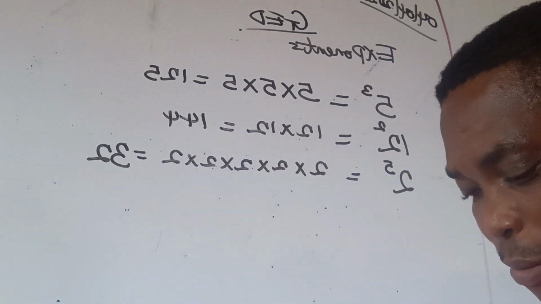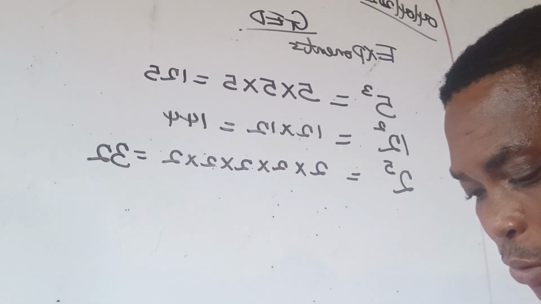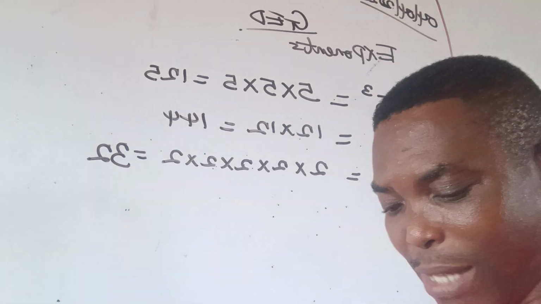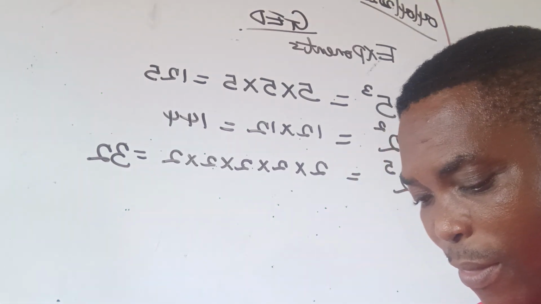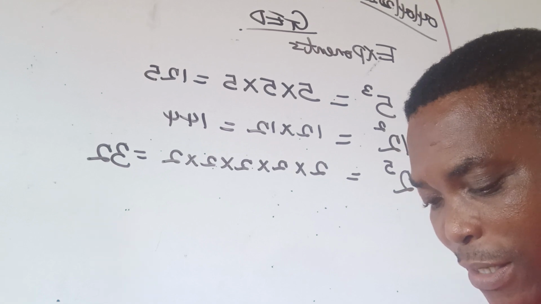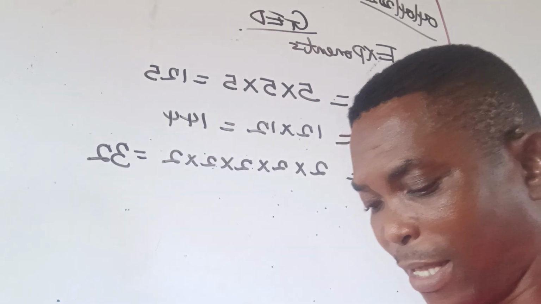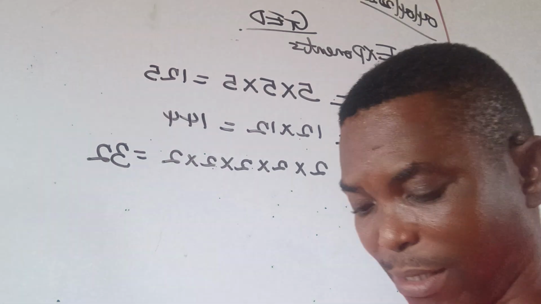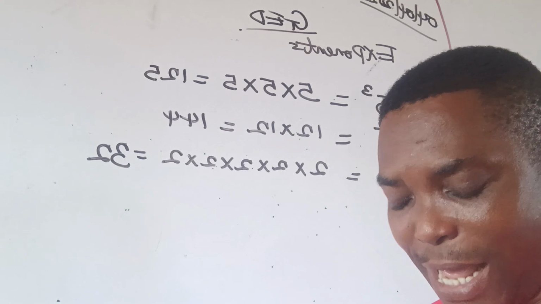Now, to raise a number to the second power, use the x raised to power 2 key. Then find the value of 13 squared. It means 13 times 13, which will give you 169.